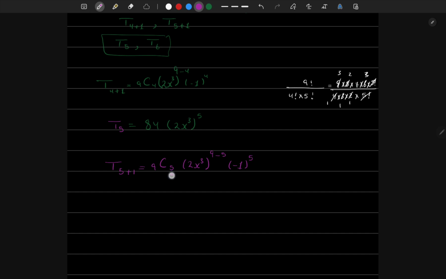Because 5 plus 4 equals 9, the combination is going to have the same result, which is 84, and then I have 2x cubed to the power of 9 minus 5, which equals 4, and negative 1 here is now raised to an odd power, so it equals negative 1. So I have negative 84 times 2x cubed all to the power of 4.